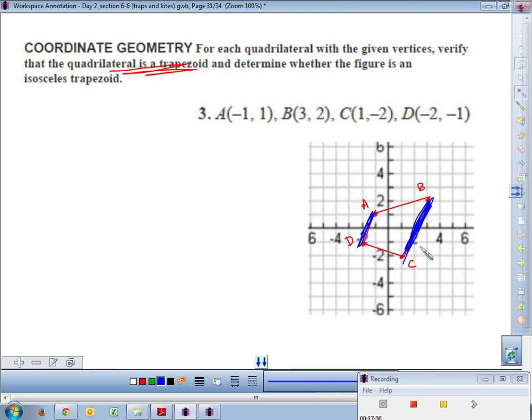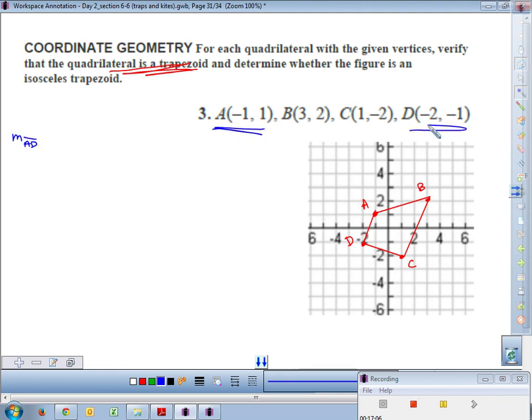Now I'm not going to let you count rise over run because the graph will go away here eventually. So we need to find the slope and show me. That's the whole idea. Prove to me algebraically that this is a trapezoid. So we need to find the slope of segment AD. I'll do that.